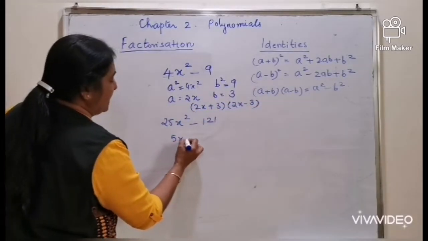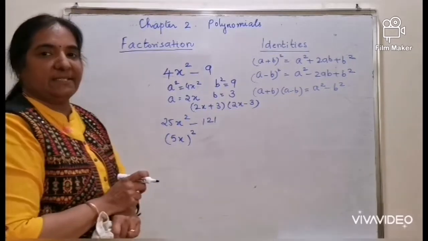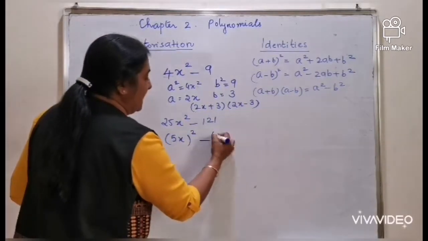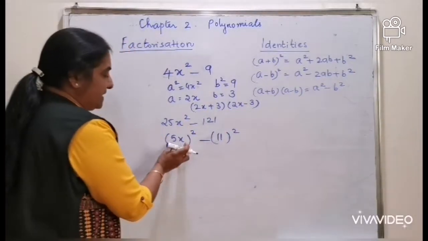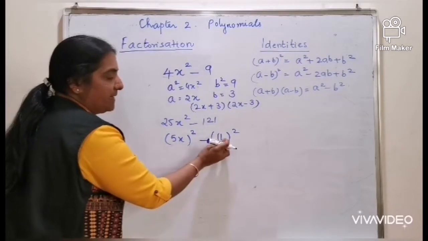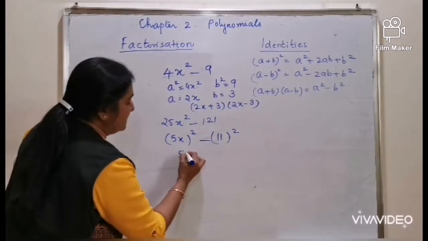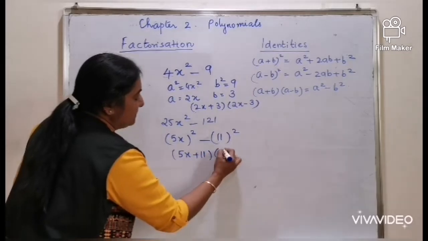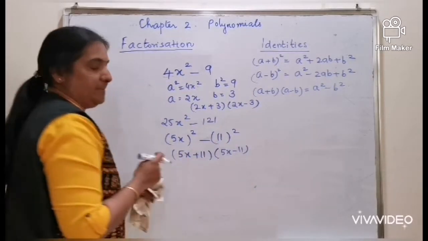Similarly, this can be expressed as (5x) the whole square minus 11 the whole square. It takes the identity a square minus b square. The factors are (a plus b) into (a minus b).